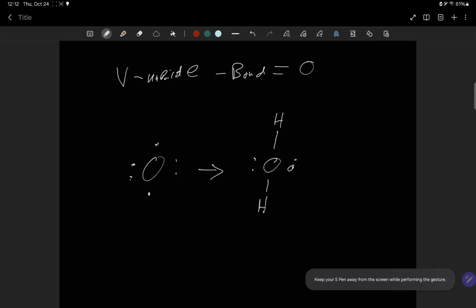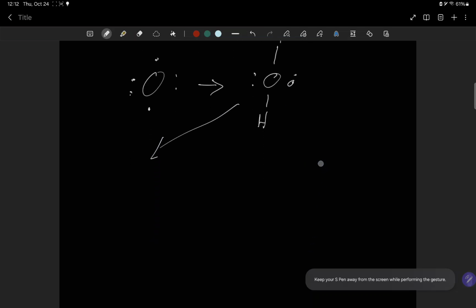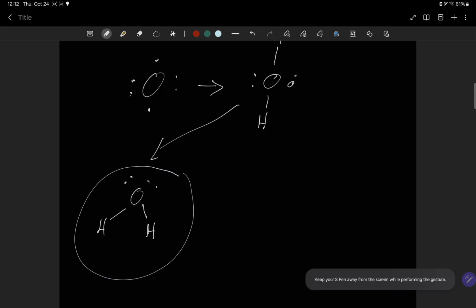Because we know that this is going to look like this. Because we're all familiar with H2O. So oxygen has 6 valence electrons. It wants 2. That's going to be the number of bonds.